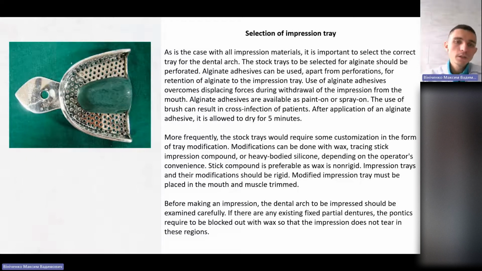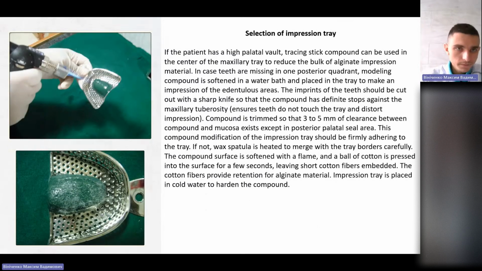Before making an impression, the dental arch to be impressed should be examined carefully. If there are any existing fixed partial dentures, the pontics are required to be blocked out with wax so that the impression does not tear in these regions.